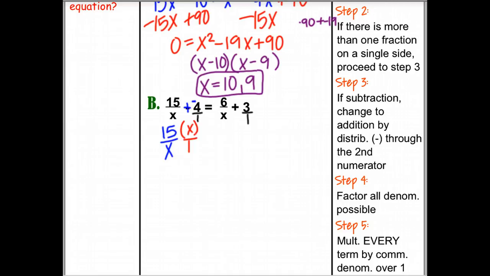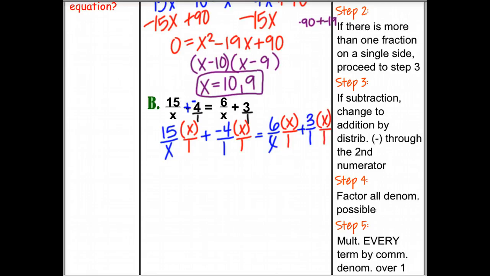Then we have plus negative 4 over 1, multiplied by x over 1. That is equal to 6 over x, multiplied by x over 1. And finally we have the plus 3 over 1, which we will multiply by x over 1.